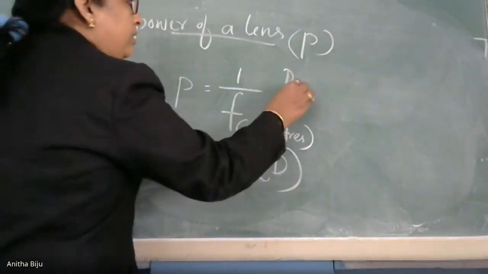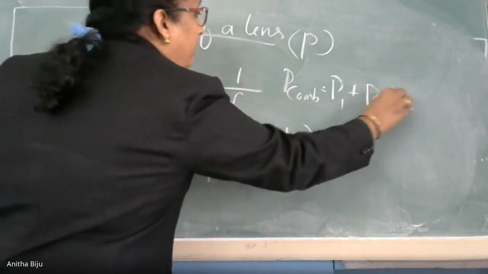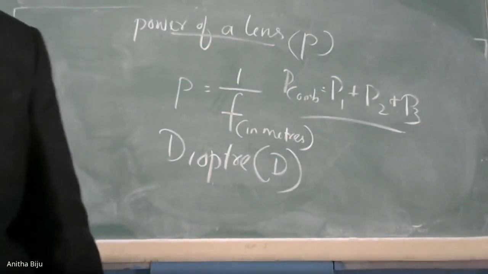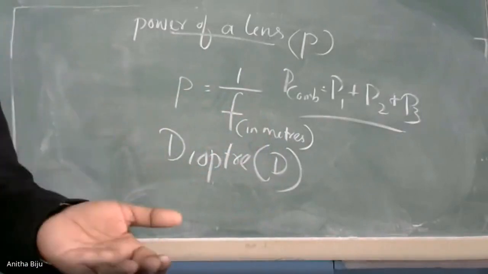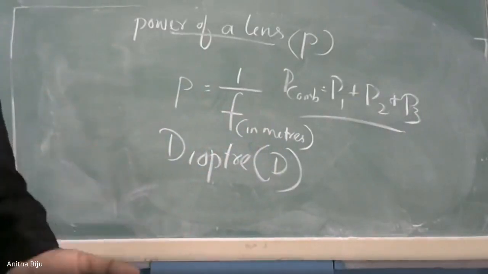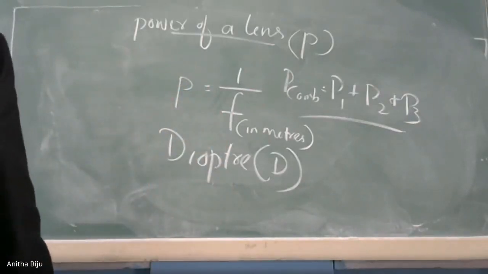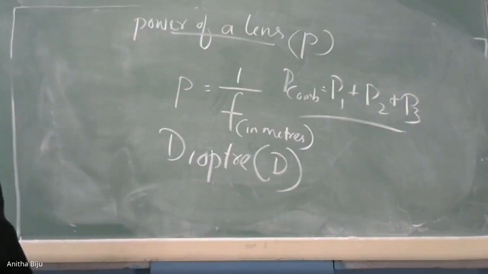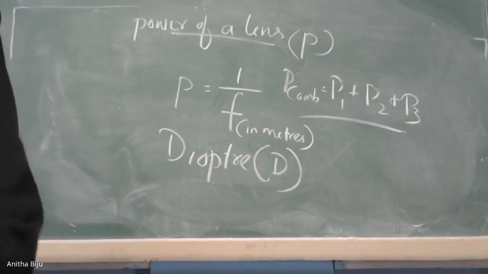P combination equals P1 plus P2 plus P3, where P1, P2, P3 stand for the powers of the first lens, second lens, third lens. Here we apply that general concept: the power of a convex lens is positive and the power of a concave lens is negative. We use this in the formula and we get the power of the combination of lenses. So this is all about the theoretical topics related to our light chapter.